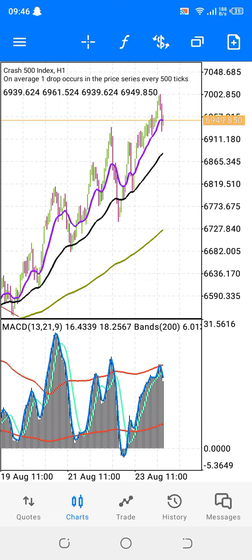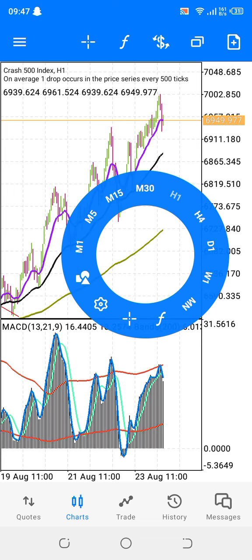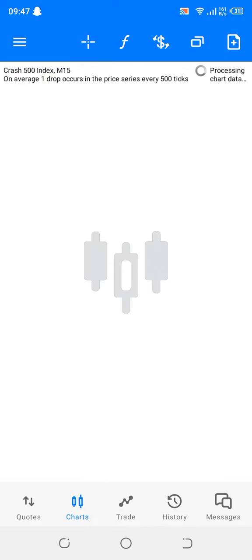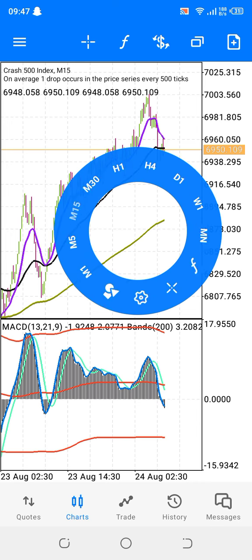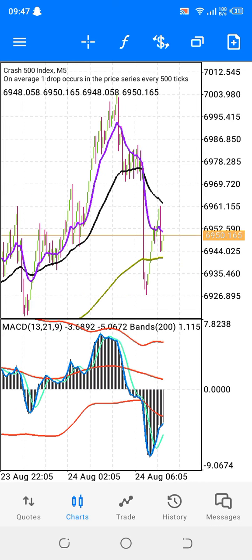You go on the 1 hour time frame to define where the trend is going so that you don't buy against the trend. And you go on the 15 minutes time frame to draw the support level and resistance zones. Then on your 5-minute time frame, you come back to the MACD and the Bollinger Bands to execute your trade. I guess this is so helpful.